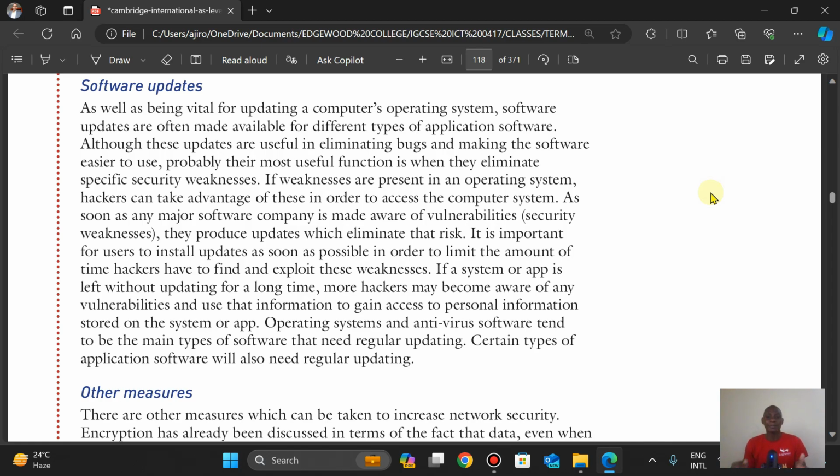If weaknesses are present in an operating system, hackers can take advantage of this in order to access the computer system. As soon as a major software company is made aware of any vulnerabilities, they produce an update which eliminates that risk. This is what iOS does. I have to give kudos to iOS because they are very active in updates.